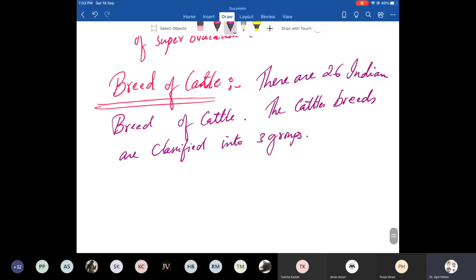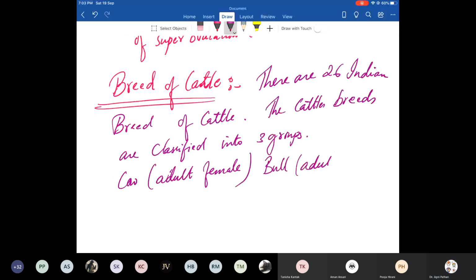One is cow, that is adult female. Then there is bull, which is adult male. Then there is bullock, that is adult castrated.